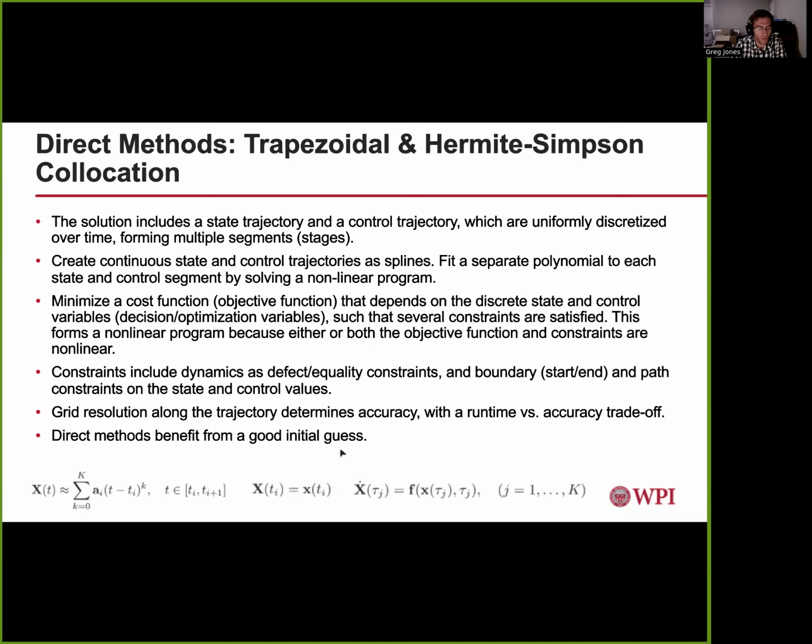And then the lower left equation here is basically the spline in polynomial form being approximated. And on the right here, this equation is the dynamics function. And these direct methods generally benefit from a good initial guess, which I'll discuss a bit more.